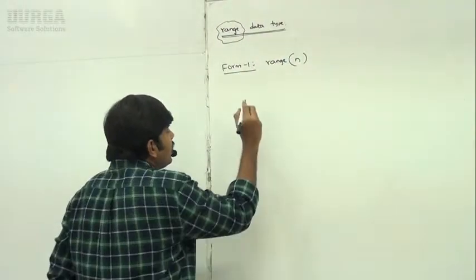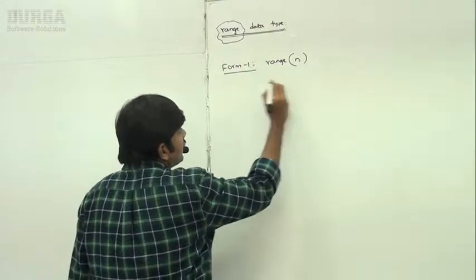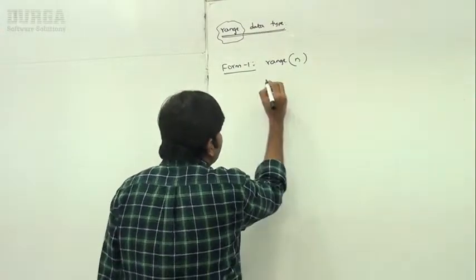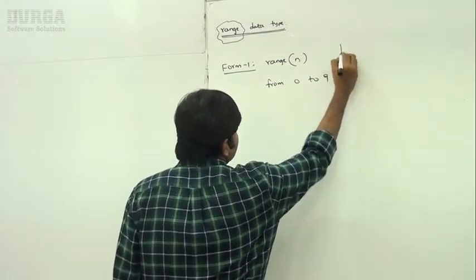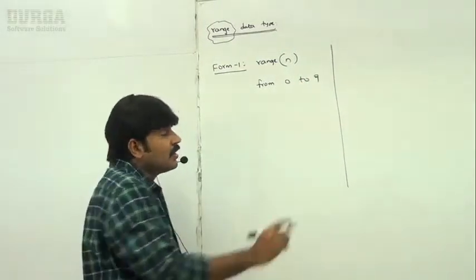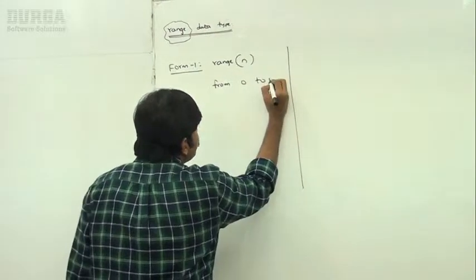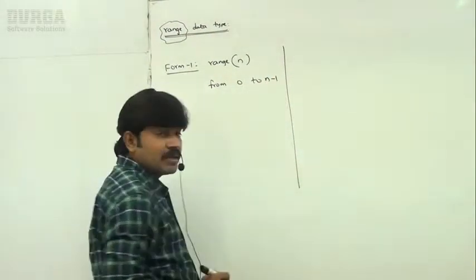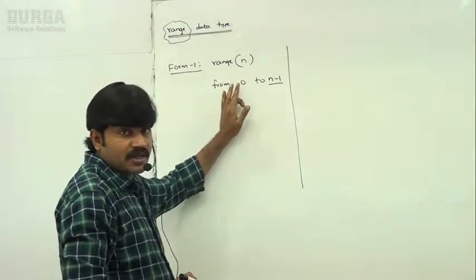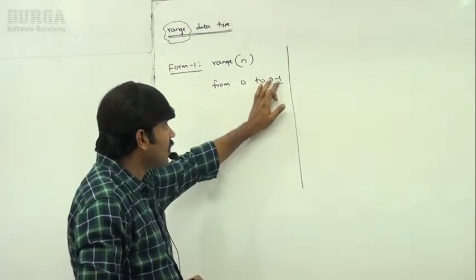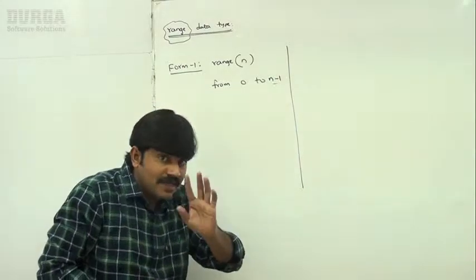It represents a sequence of numbers from 0 to n minus 1. Remember this one: 0 to n minus 1.